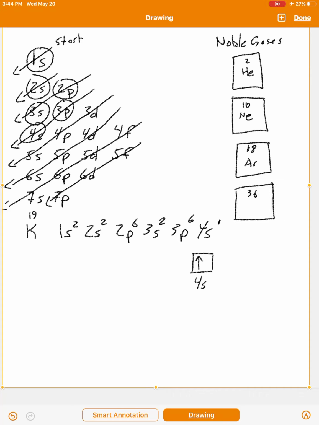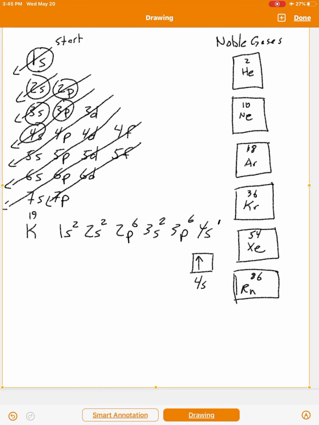Krypton, which is 36. Xenon, which is 54. And then radon, which is 86. Okay. These are the elements that are to the far right of the periodic table. So they're sort of the end of the periods, ends of each of those periods. Period 1, 2, 3, 4, 5, and 6.